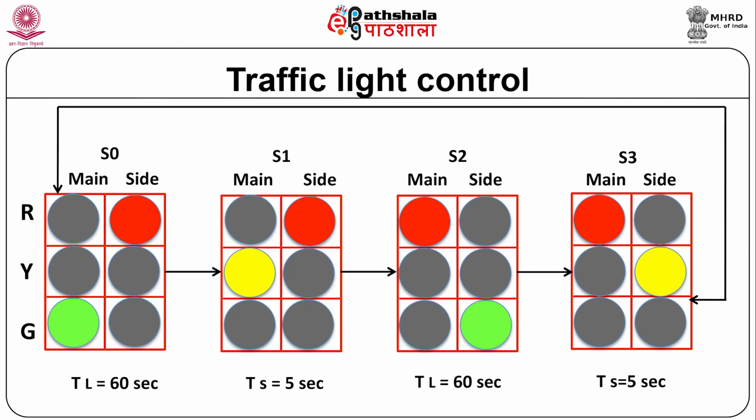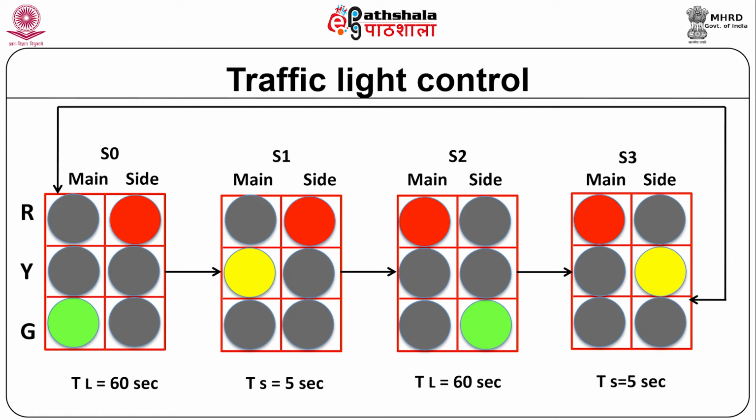In the first state, the main road light is green and the side road light is red for 60 seconds duration. In the second state, the main road light is yellow and the side road light is red for 5 seconds duration.